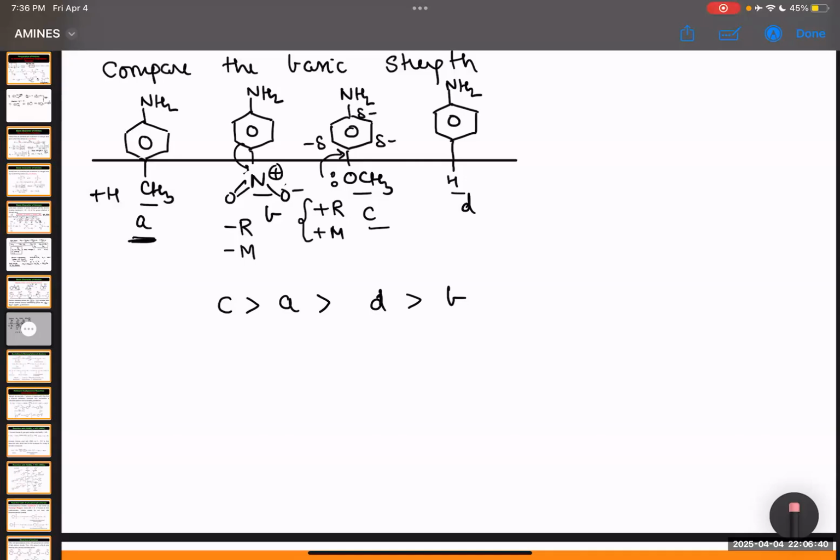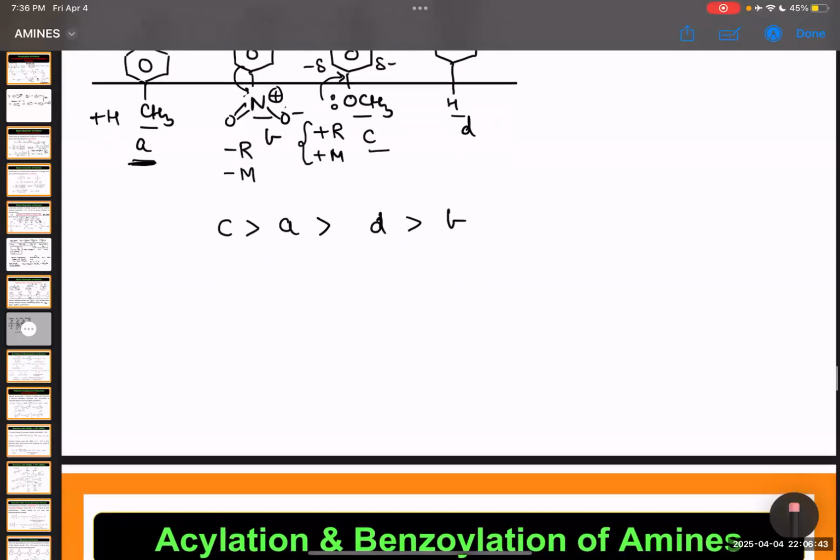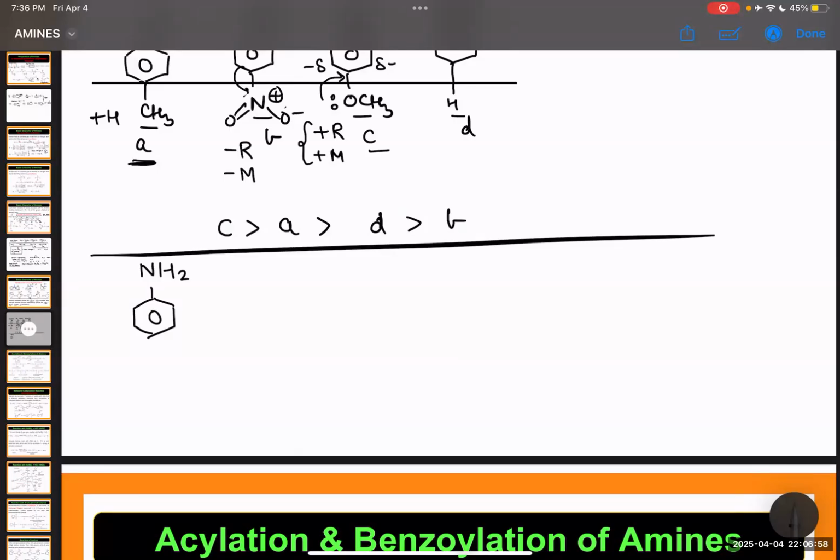Yes, sir. Okay. Now you have some other groups which are placed at ortho and para position. Suppose I ask you to compare the basic strength of aniline with para nitroaniline, meta nitroaniline, and ortho nitroaniline.